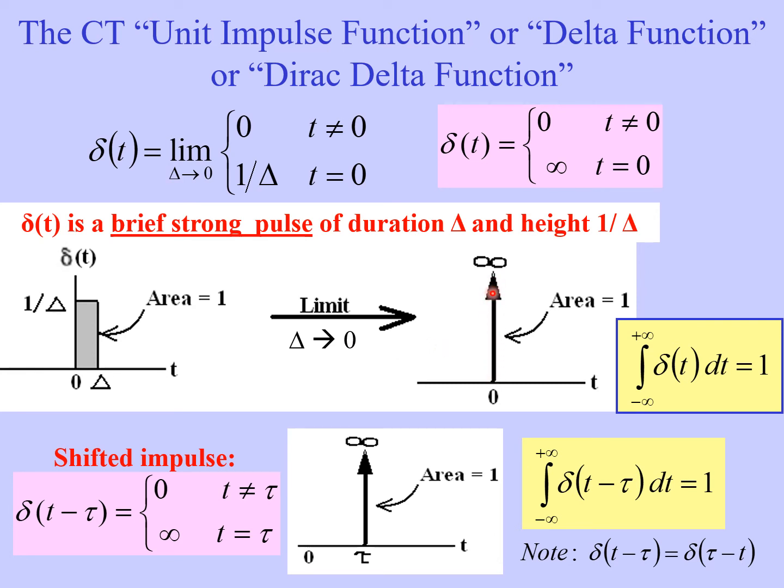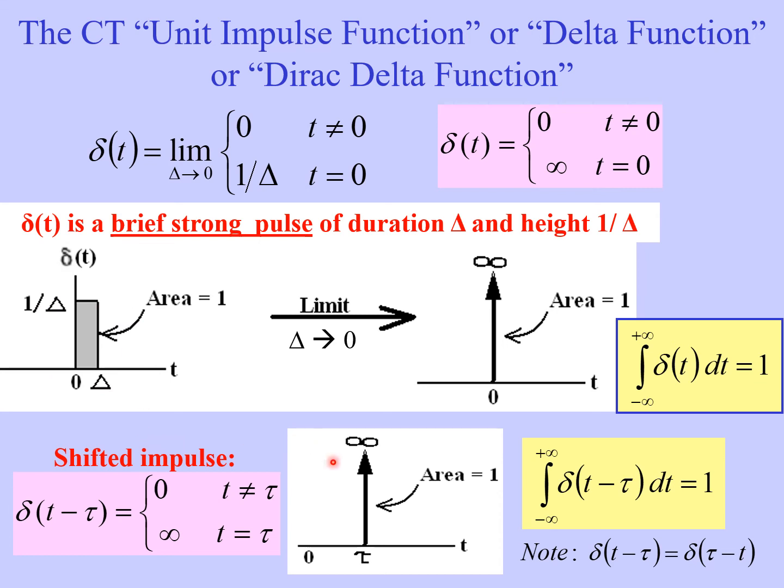It's infinitesimally thin, and it's infinitely tall, so it reaches up to infinity. However, it has an exact, precise area of 1. So if we integrate the delta function over all time, we get 1. And that's based on taking the limit as delta goes to 0.